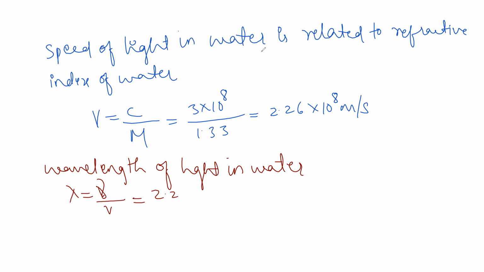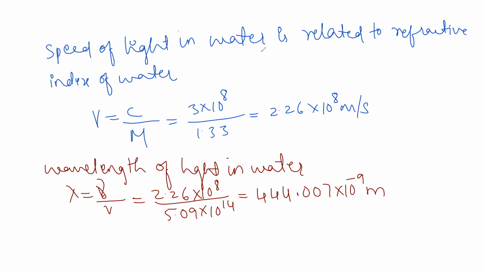Already we calculated V is equal to 2.26 into 10 to the power of 8, divided by nu, which is 5.09 into 10 to the power of 14. After simplification, we are getting 444.007 into 10 to the power of minus 9 meter. If you convert in terms of nanometer, this becomes 444.01 nanometer. So this is the solution.